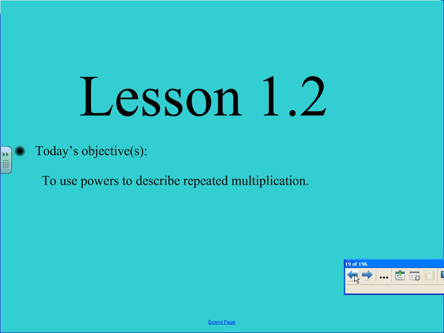Okay, so lesson 1.2. We're just going to start this lesson. I just want to give you the overview, show you how to use your calculator with exponents. I'm also going to explain the difference between power, exponent, base, all that fun stuff. So our objective for part of today is to use powers to describe repeated multiplication.